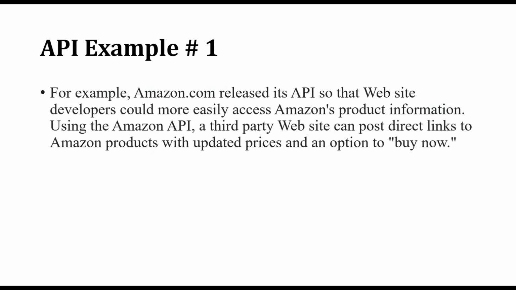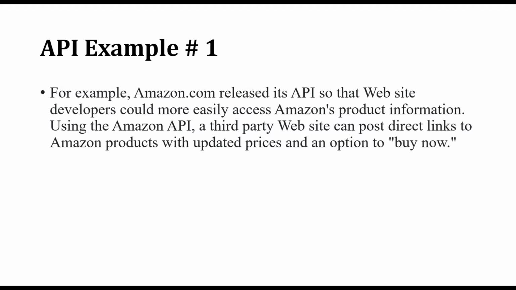I'm going to tell you an example of API, and at that time you will understand easily. I'm going to take the real-time example of Amazon.com. Nowadays everyone purchases what they want through Amazon.com. Whatever product we order, that product gets delivered to our home, right?